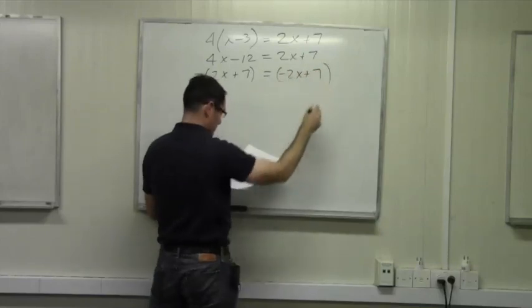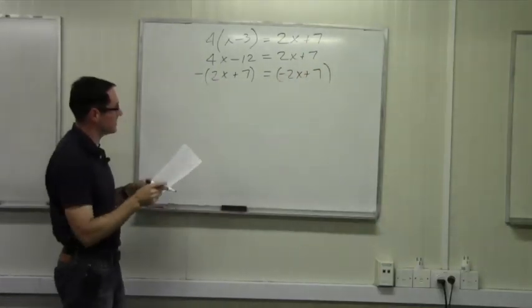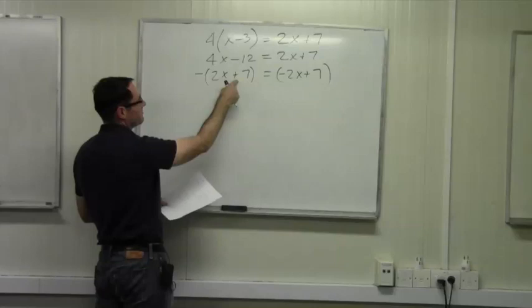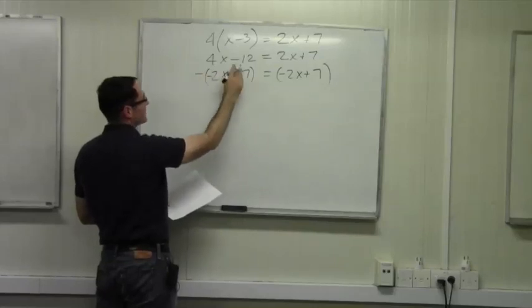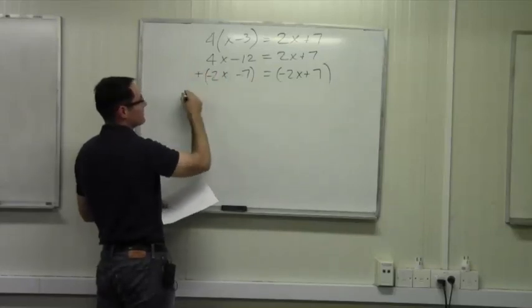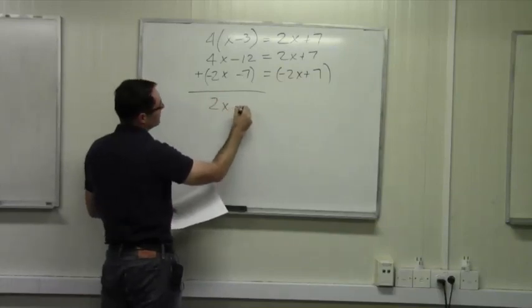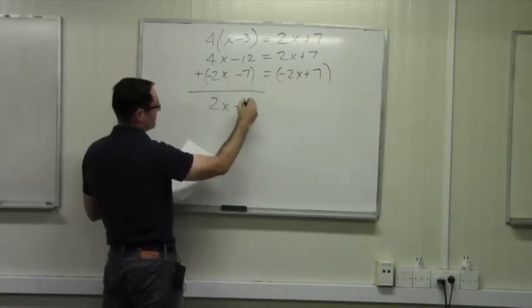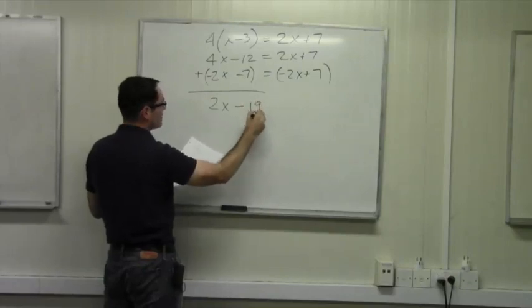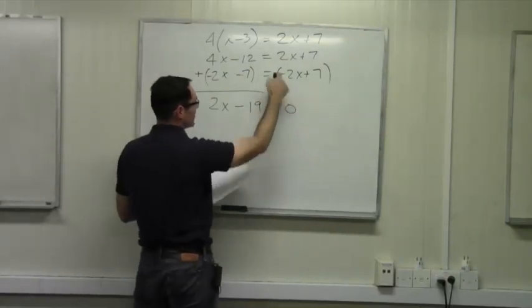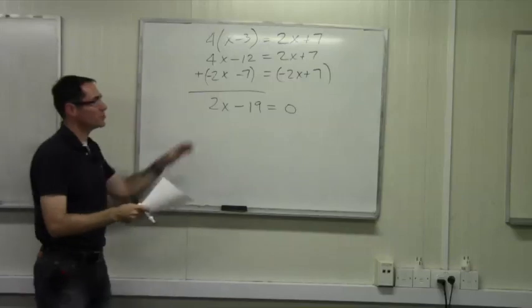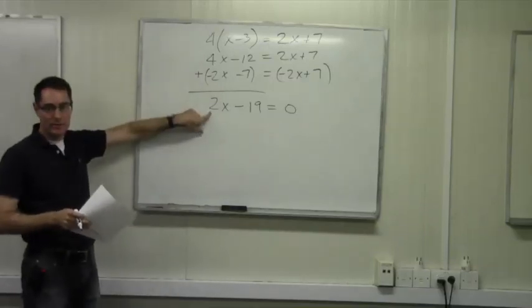I'll put it in parentheses, because that's going to be negative 2x minus 7. Negative 2x minus 7 is the same thing. So this is going to be equal to 2x minus 12 minus 7 equals 0, because that minus that equals 0.